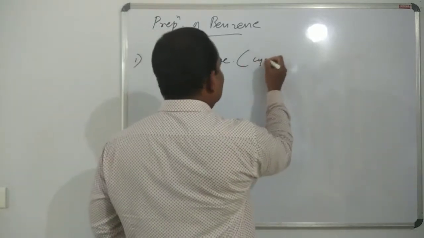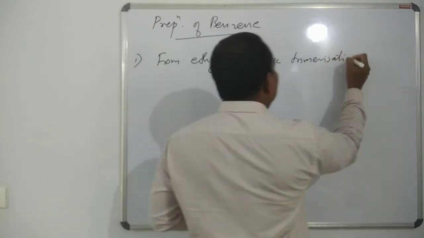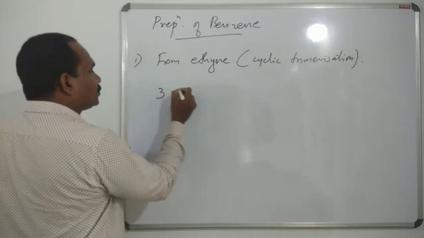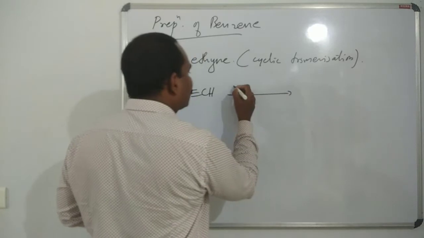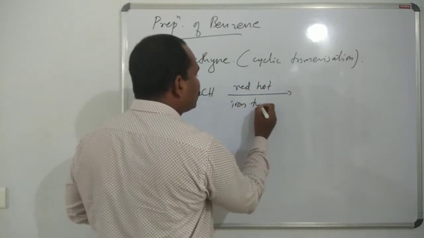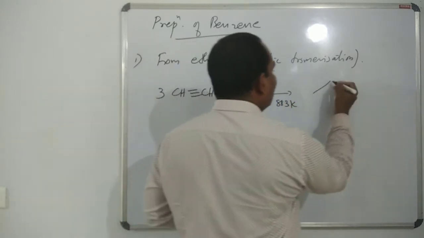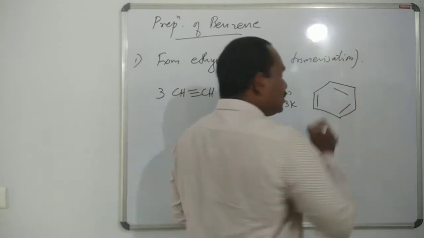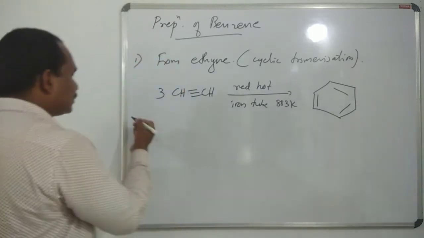Already we discussed cyclic trimerization of ethyne. 3 moles of ethyne, HC triple bond CH, is passed through a red hot iron tube at 873 Kelvin, and we get benzene. You just refer to the reactions of alkynes. Already we discussed. That's the first method.